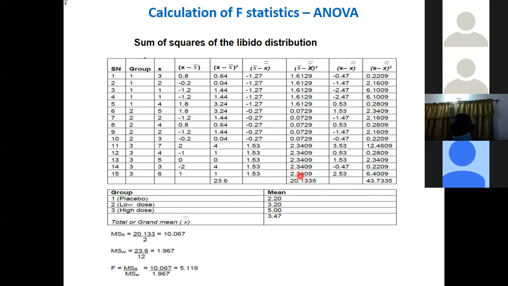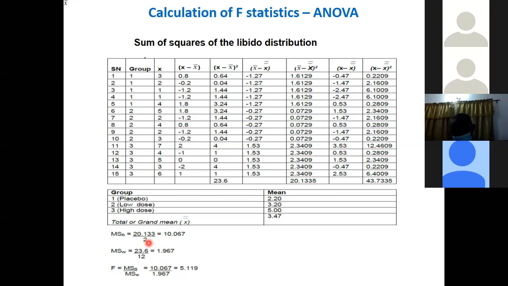You calculate variance from sum of square by dividing the sum of square by the degree of freedom. So you don't need to calculate the total sum of square here, because the total variance does not contribute to the calculation of F. It is variance between over variance within. So we take the sum of square between, which is 20.1335, and divide it by the degree of freedom.